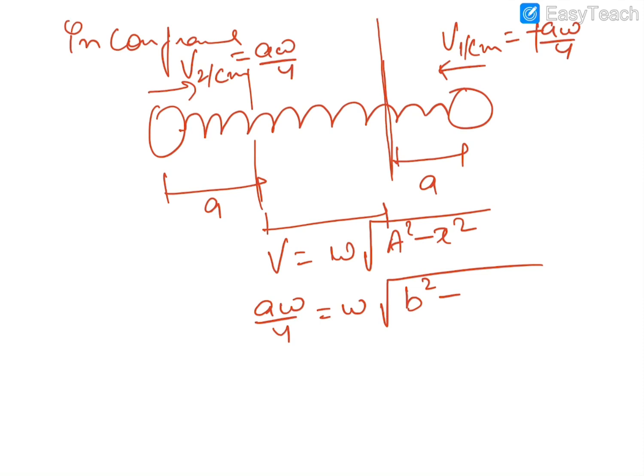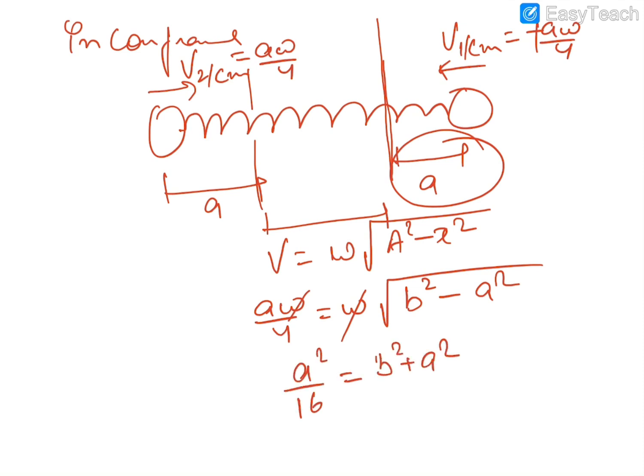Because we are in the center of mass frame, this would be the mean position, so the displacement of this ball from the mean position would be a. So cancelling omega, a square by 16 is equal to b square minus a square. Now b square will be equal to 17 a square by 16.